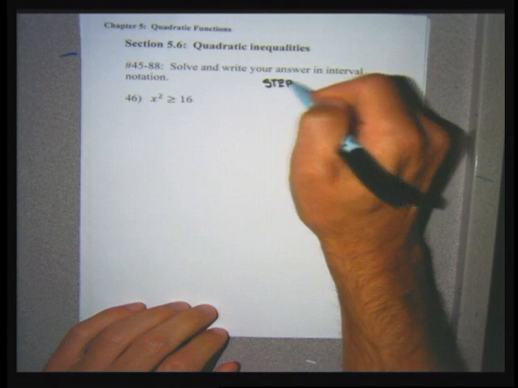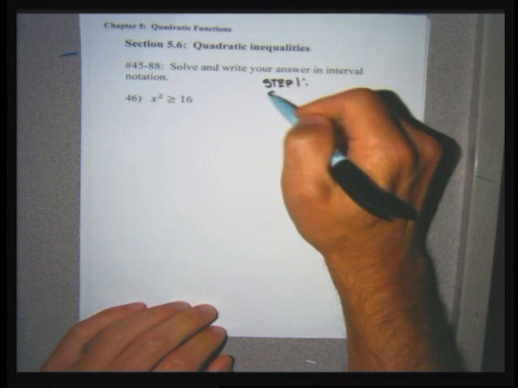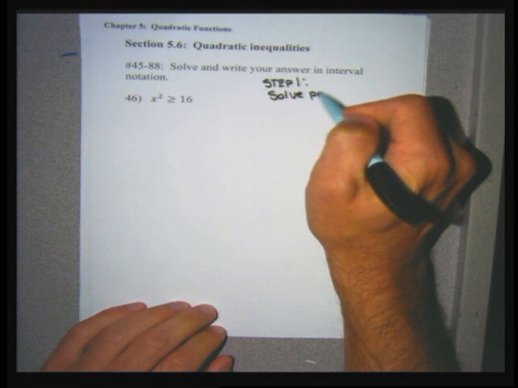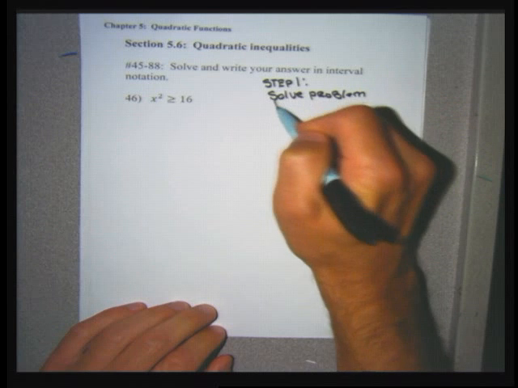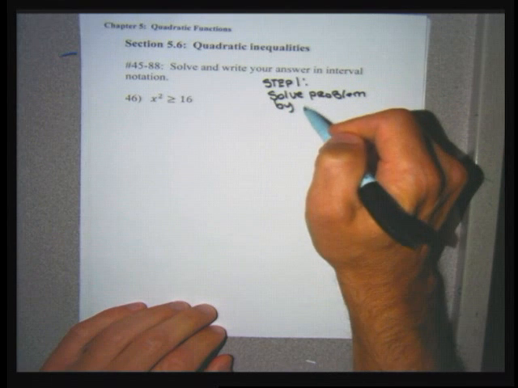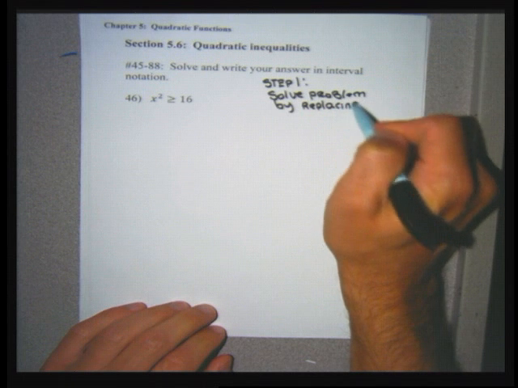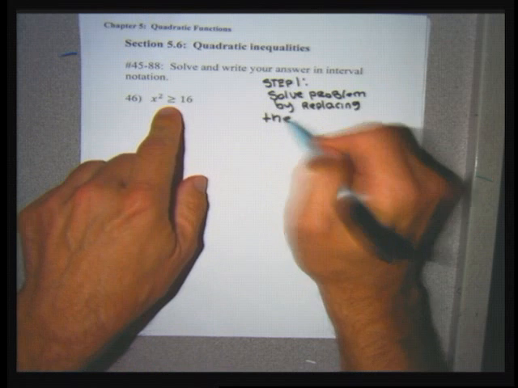So if it's not a special problem and it has a greater than, step 1, I'm going to solve the problem by replacing the inequality symbol. In this case, the greater than or equal to is the inequality symbol.